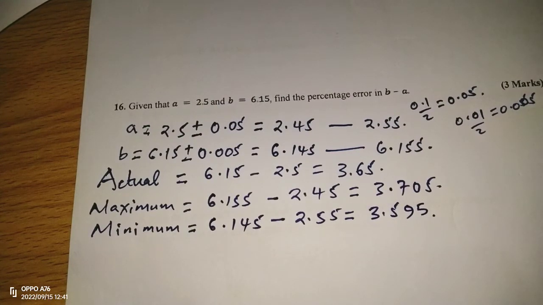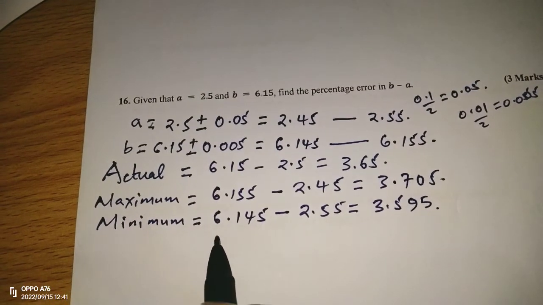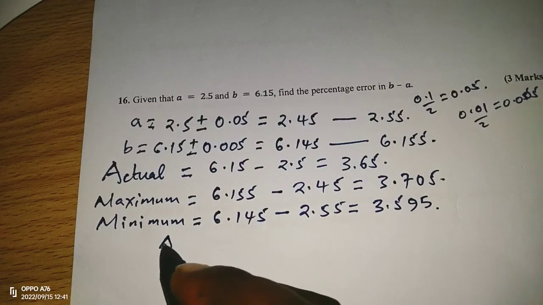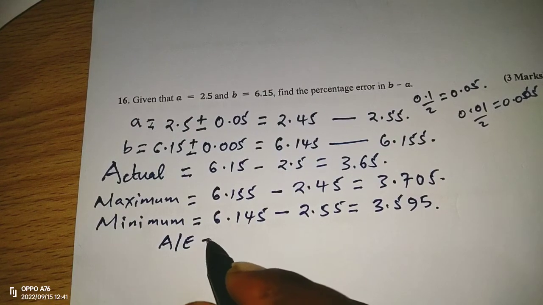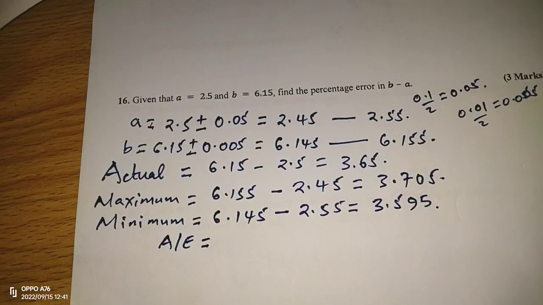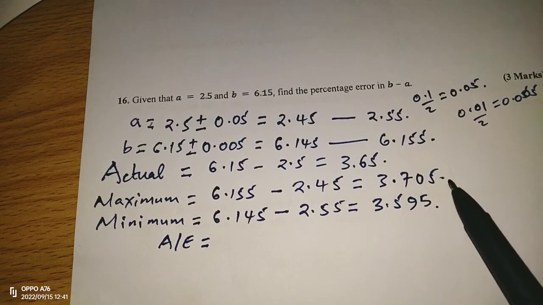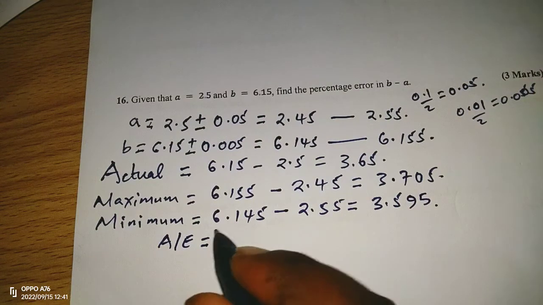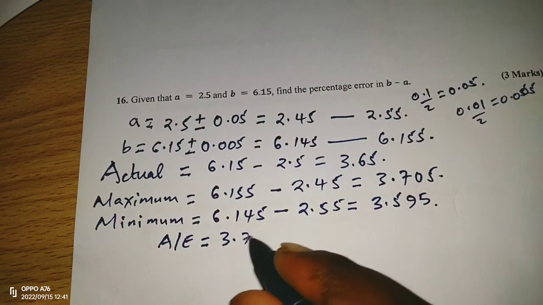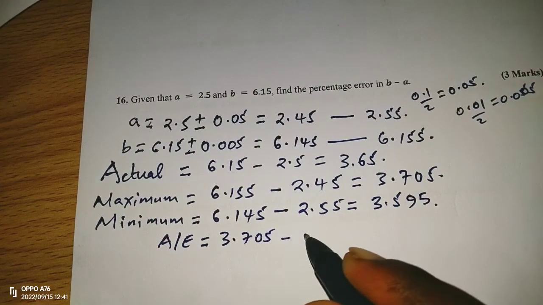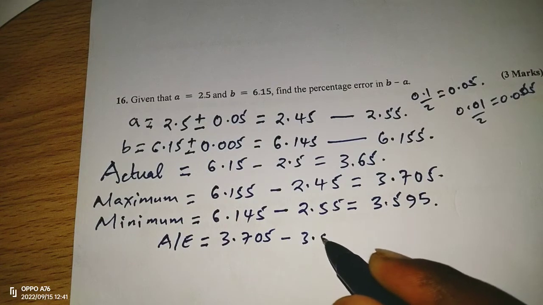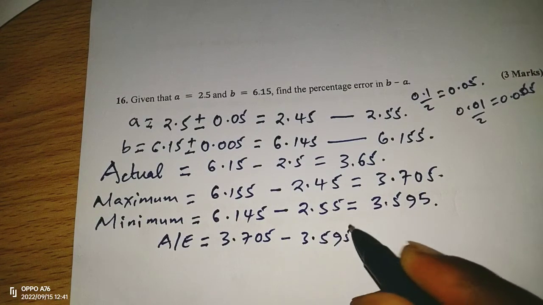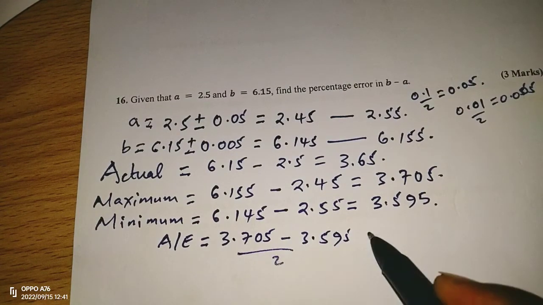There is what we call absolute error in propagation of errors. The absolute error is given by the difference between maximum and minimum divided by 2. 3.705 minus 3.595, we divide by 2.